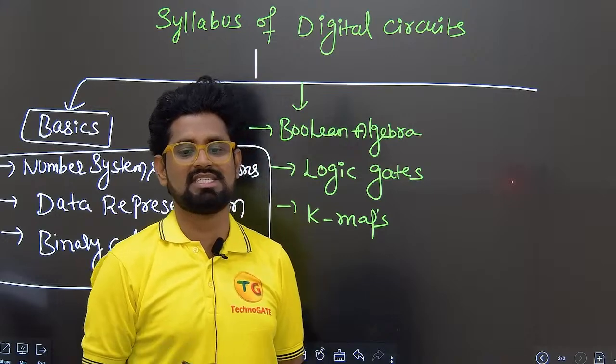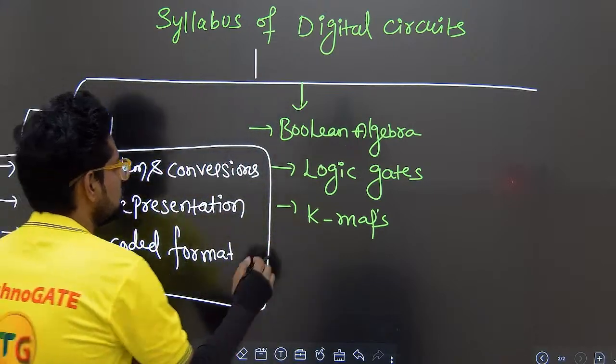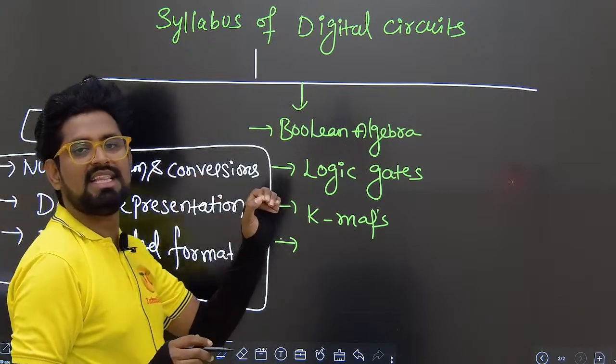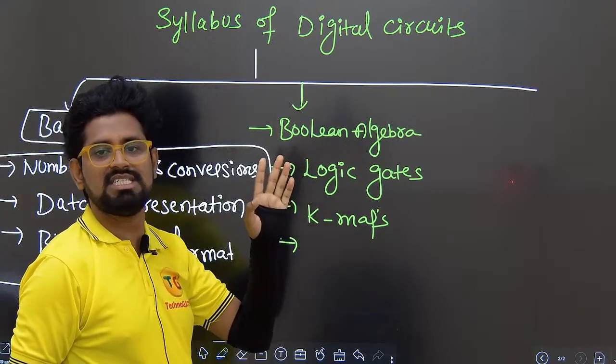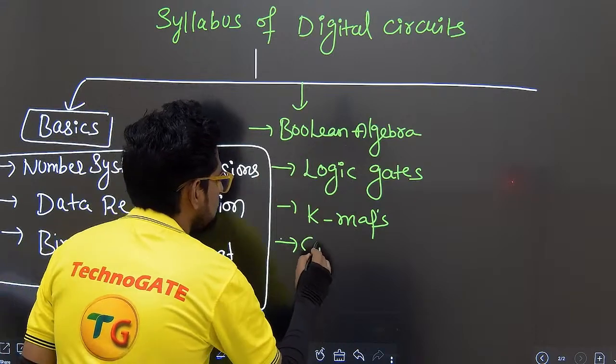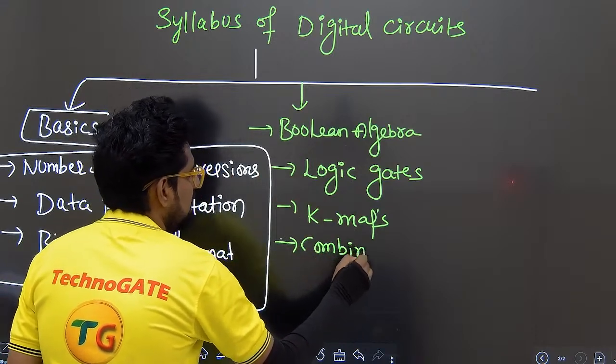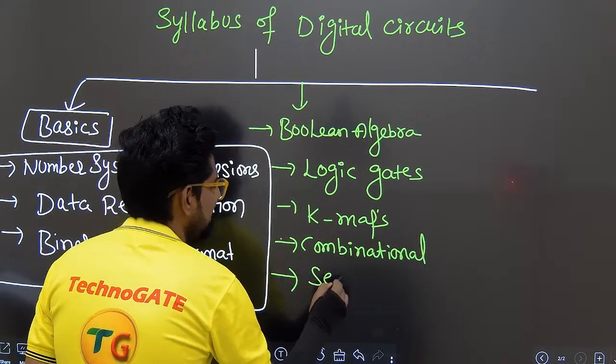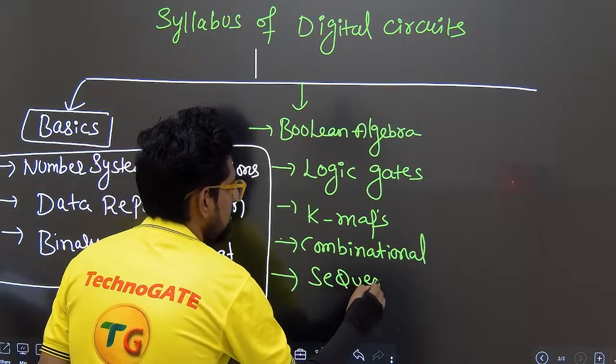Likewise, we have various circuits. So let me write the main important topics in digital electronics or digital circuits: the first one is combinational circuits, and the second one is sequential circuits.